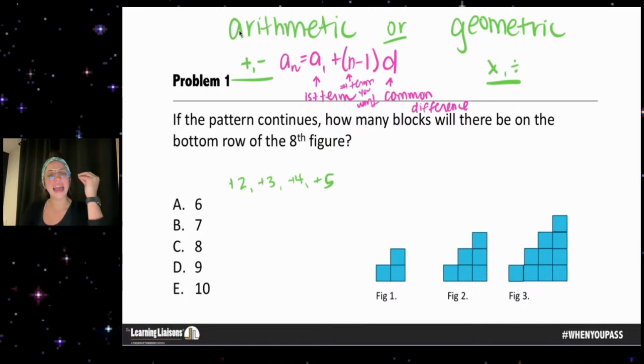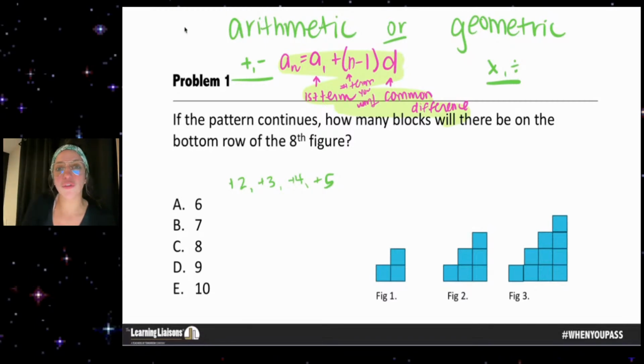So because of that, I usually will do arithmetic and geometric sequences in my calculator. This comes in handy when it says find the 432nd term of the sequence, right? Because you don't want to sit here and go plus 2, plus 2, plus 2, 432 times. So that's really where the formula comes in handy.